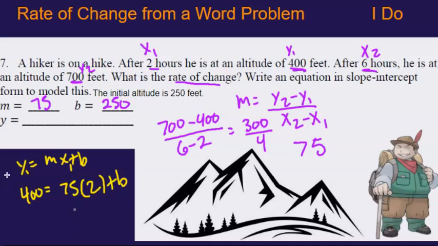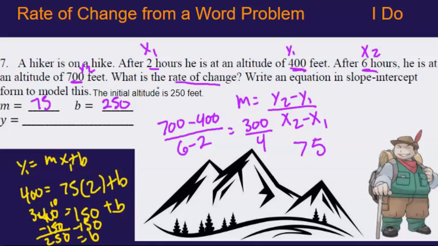Okay, 75 times 2 is 150. Subtract 150 from each side. So we have 400 minus 150, which is 250. 250 is b.